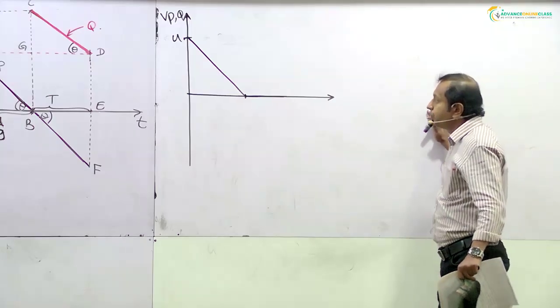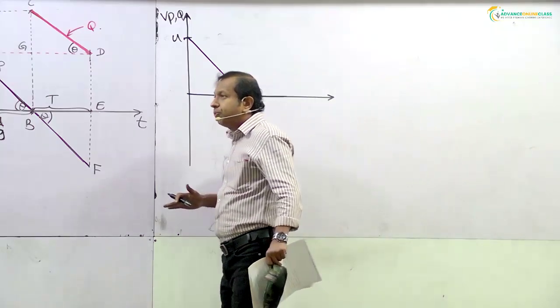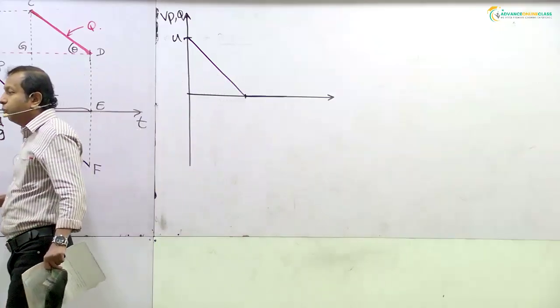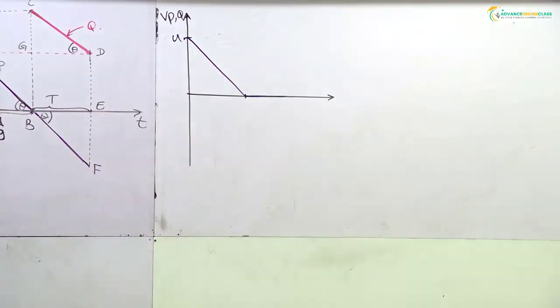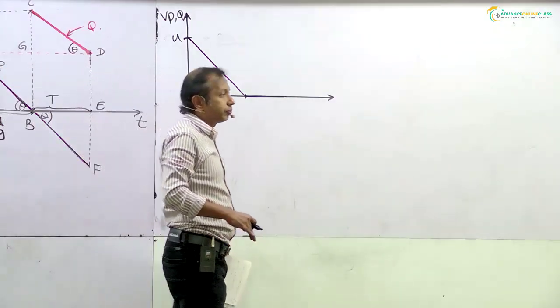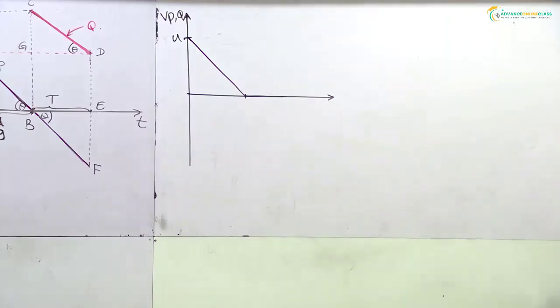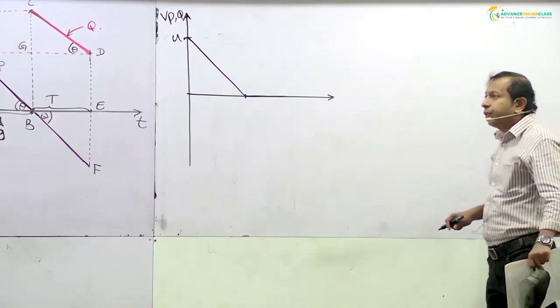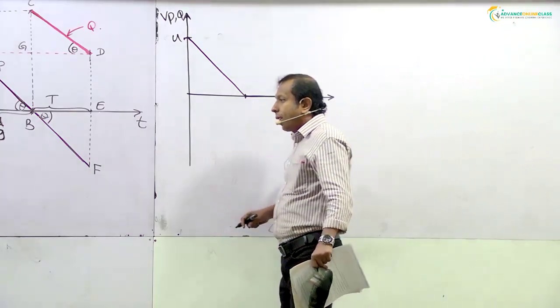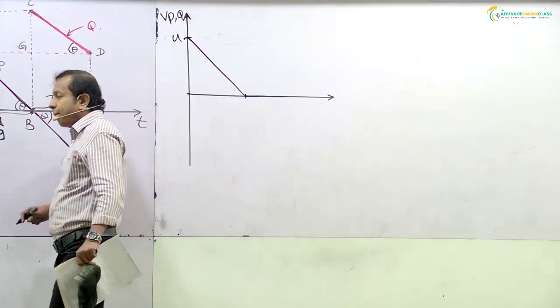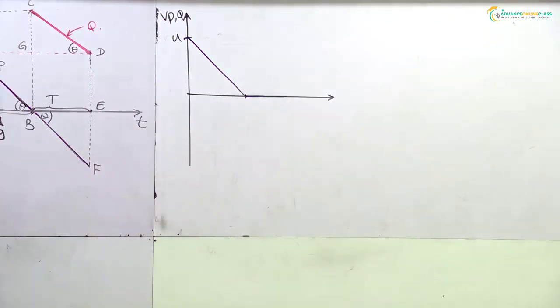Write down. After both P and Q begin to move, the acceleration of P relative to Q is 0.